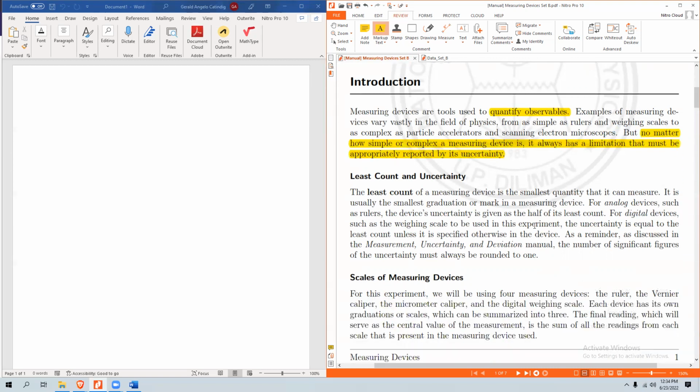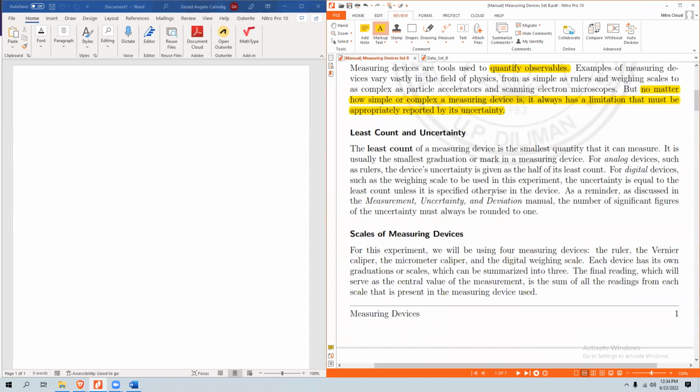So now let's move on to least count. What is a least count? The least count of a measuring device is the smallest quantity that it can measure. It is usually the smallest graduation or mark in a measuring device. So for an analog device, like rulers, the device's uncertainty is given as half of the least count.